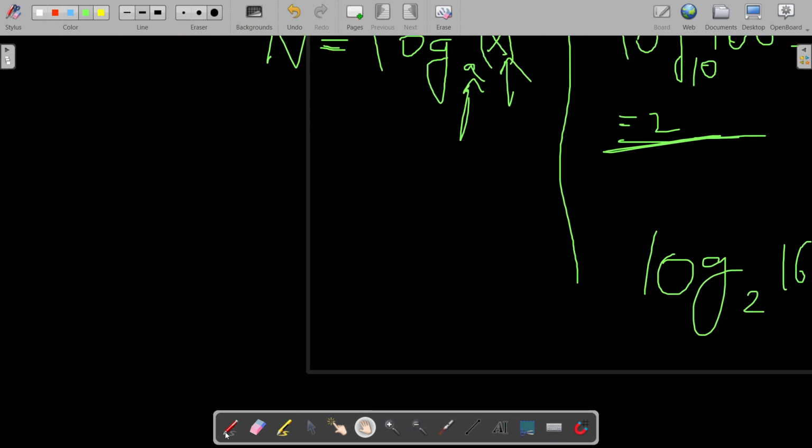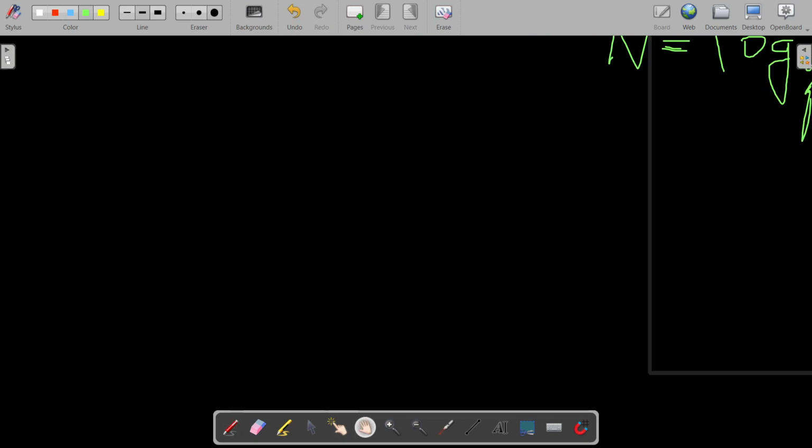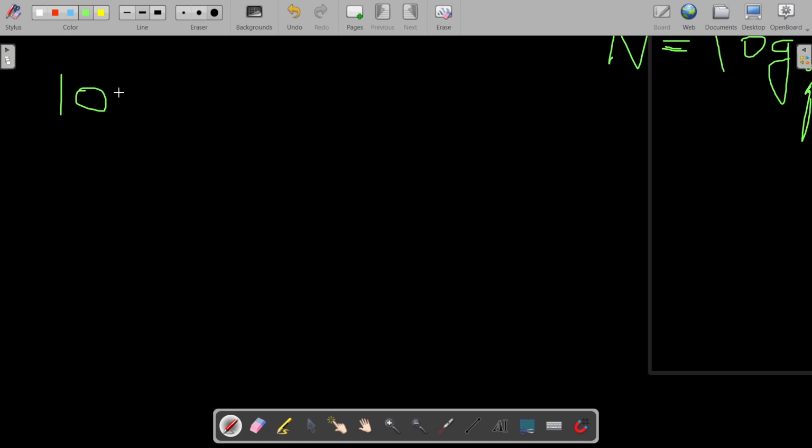So if we talk in general terms, let's take an example here: log of 2 squared, base 2.